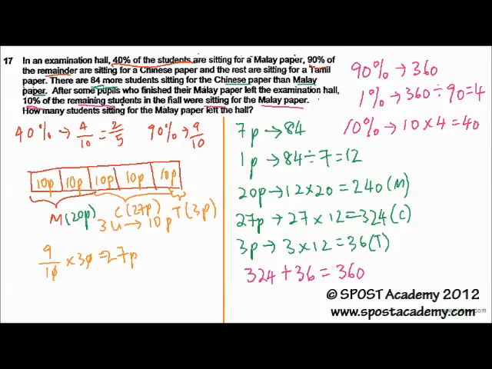So there were actually 40 students remaining who were still sitting for the Malay paper. So at first there were 240 pupils, and now there's a remaining 40. So to find how many students sitting for the Malay paper left the hall, we will use 240 minus 40, which gives us 200.